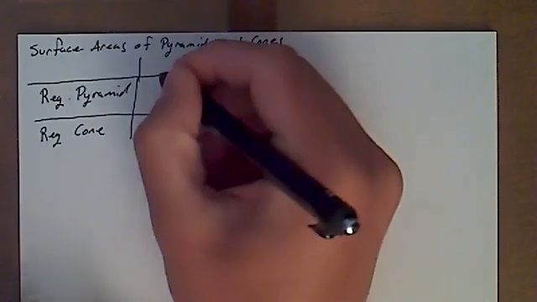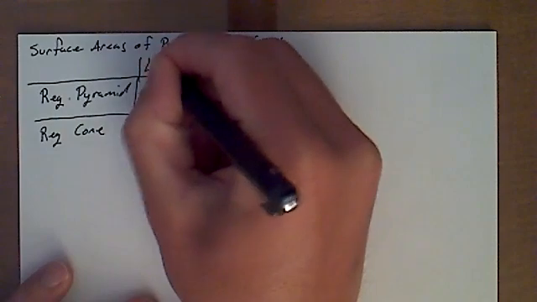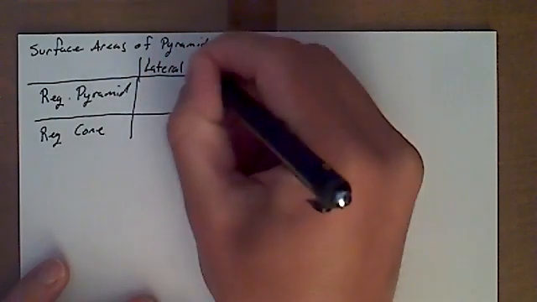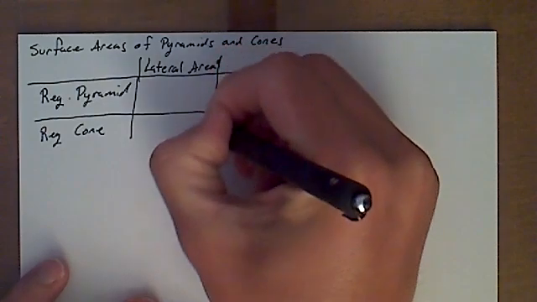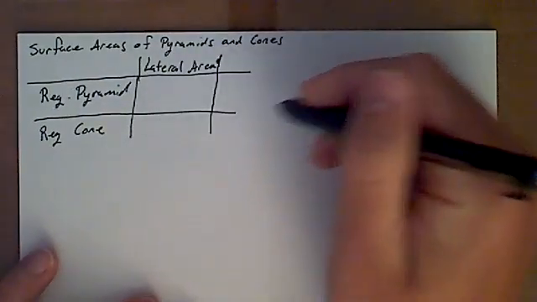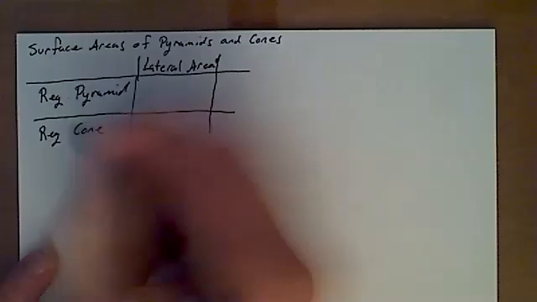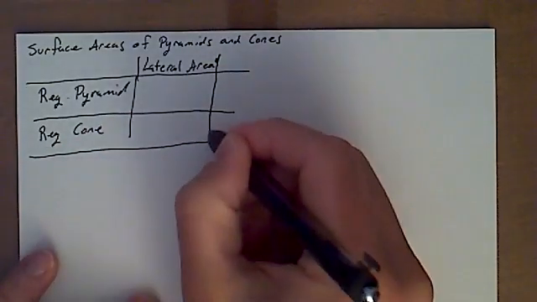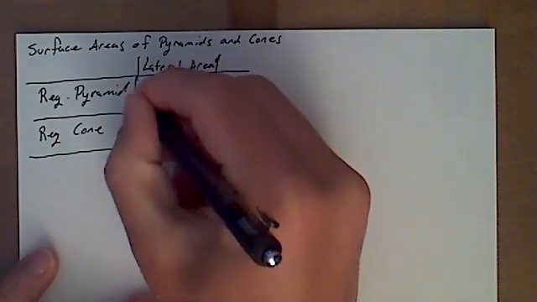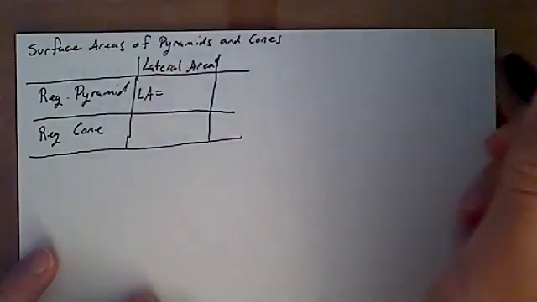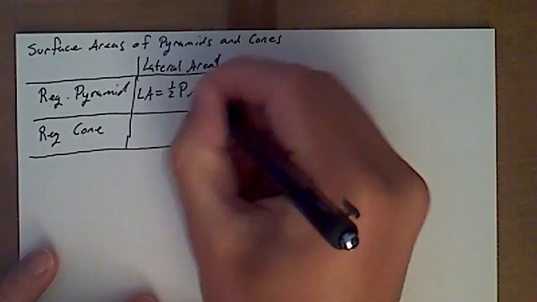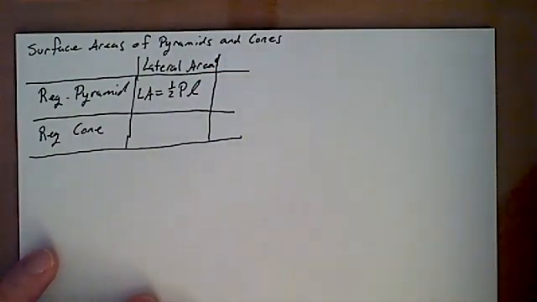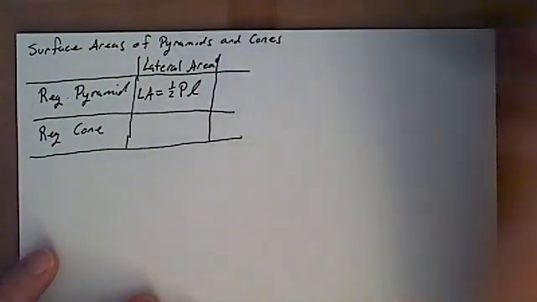We have lateral area, which is just the area not including the base that we have. The lateral area of a pyramid is half the perimeter times the slant height, and we'll get to slant height here in a minute.